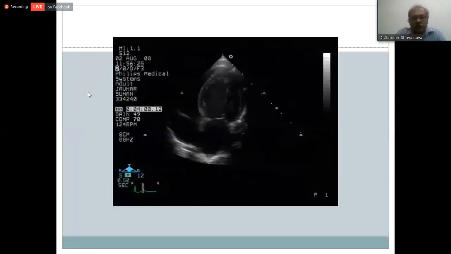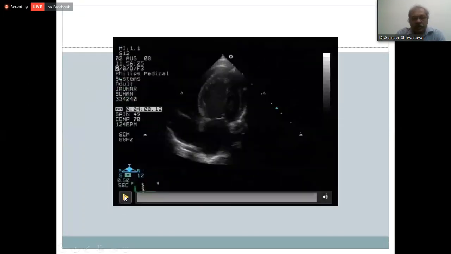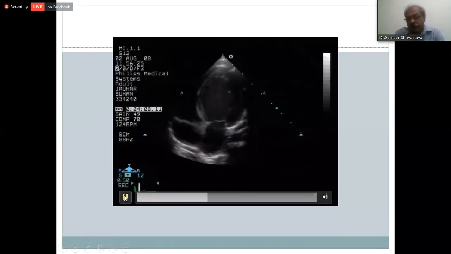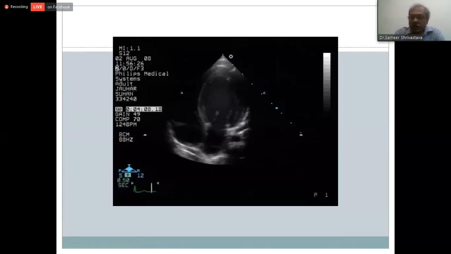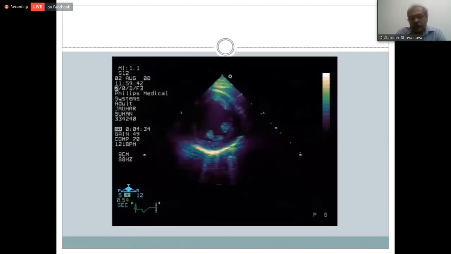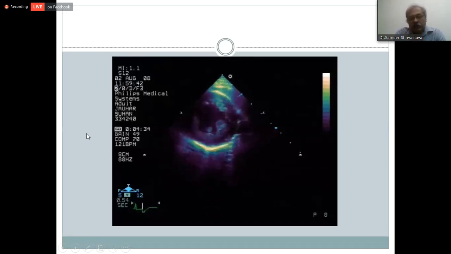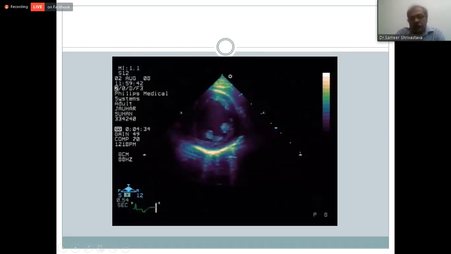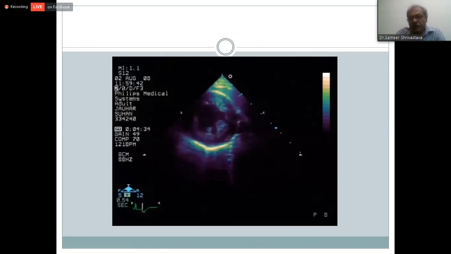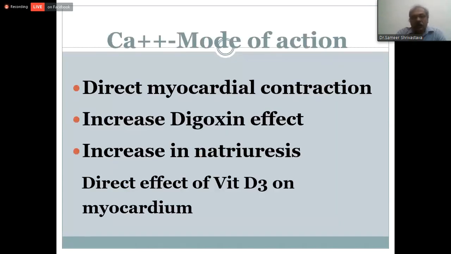This is his echo. And you'd find that because of so soon after correction, the LV starts improving, and it starts improving not in weeks or months, it starts improving in days. And this is after 3 months where the LV was fairly good. So this is one feature where in a neonate or a pediatric population, never miss a hypocalcemia.